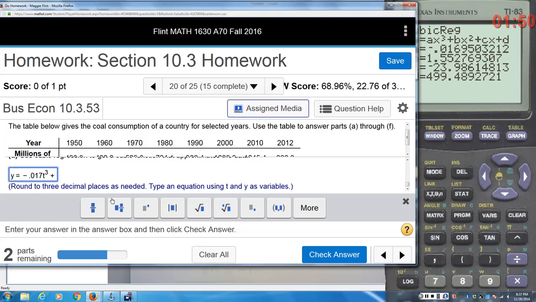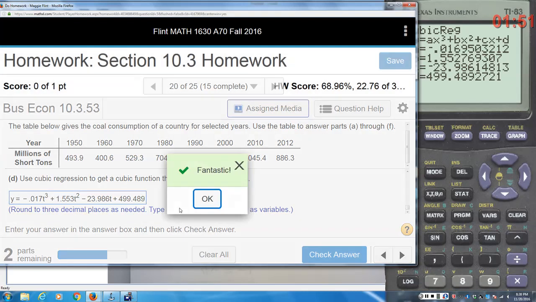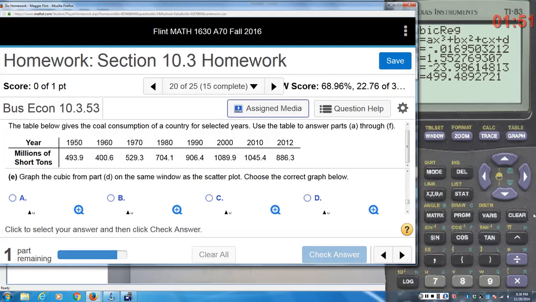Plus 1.553t squared minus 23.986t plus 499.489, and we'll see if it likes that answer. It says yes, that's fine.